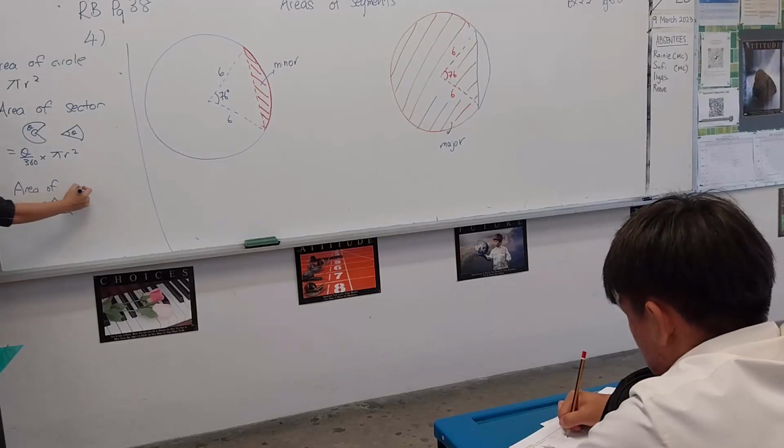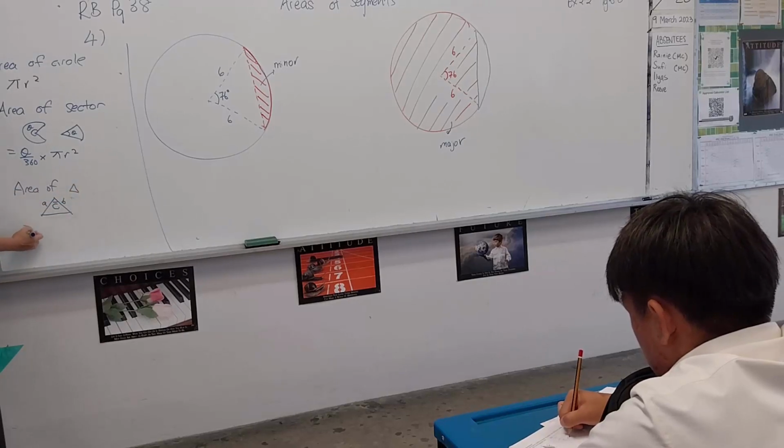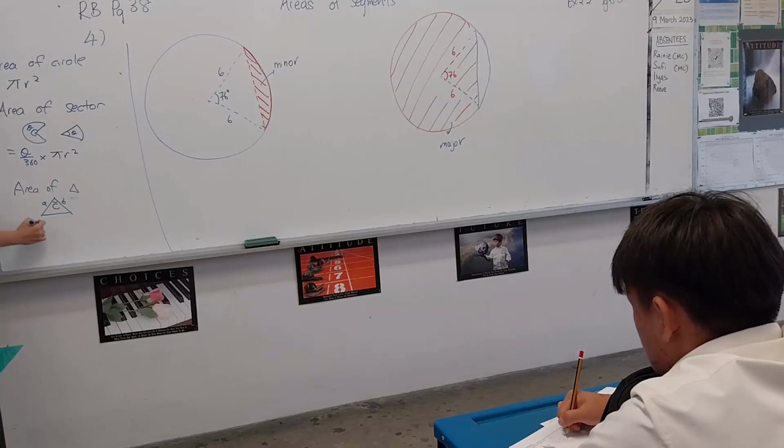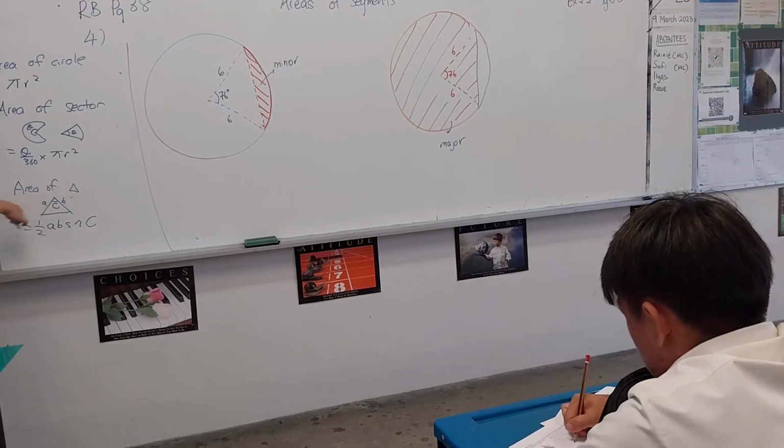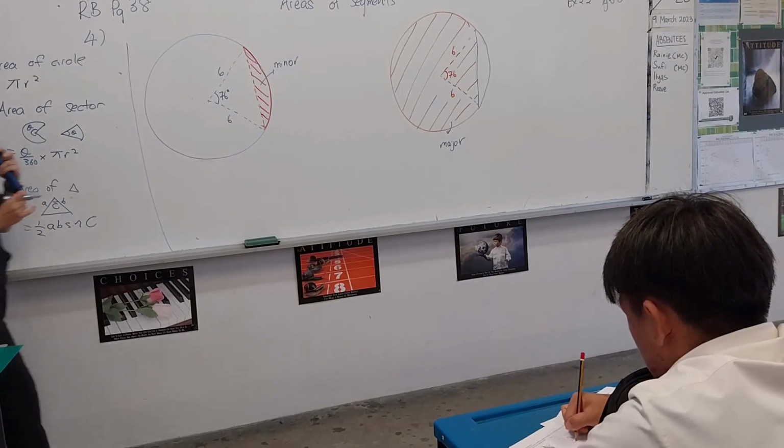So which formula do we use for the area of a triangle given the included angle? Half AB sine C. When you see this ABC, you should jog your memory: it is half AB sine C.